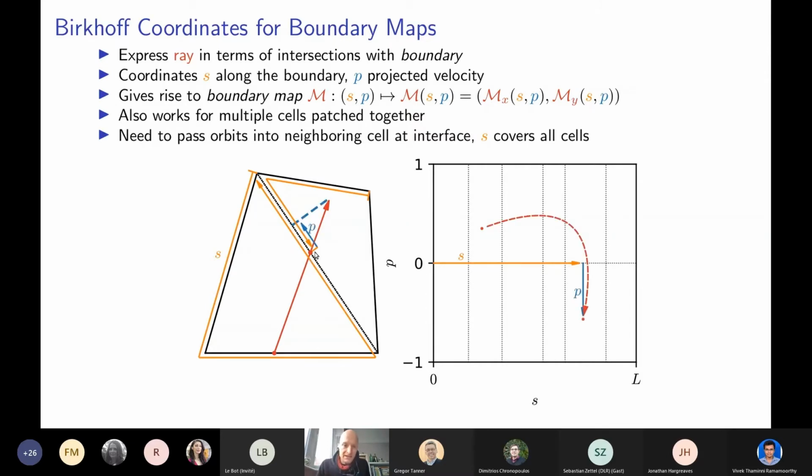And then once we have that, we can use the local tangent vector here. It points in the orange direction, and again project the current velocity onto this boundary to give us a projected velocity p, which now is negative because it points in the opposite direction compared to the direction of growth of S. Well, and from there on, we can go to the next intersection and repeat that and so on and so forth.